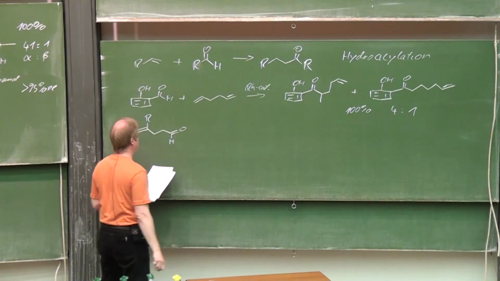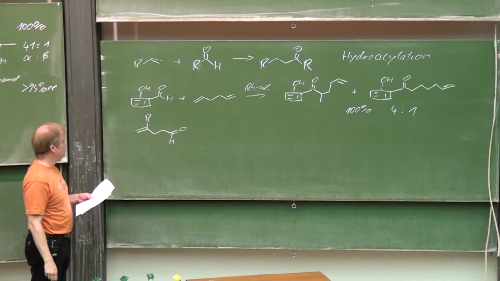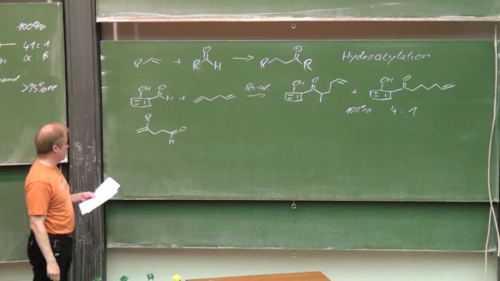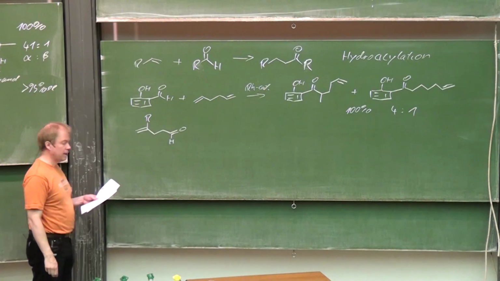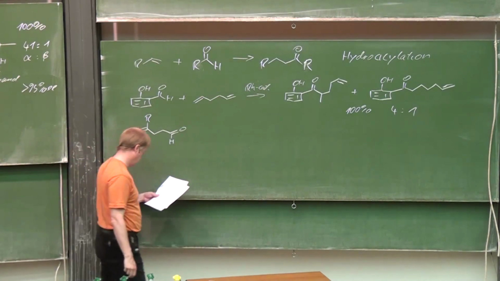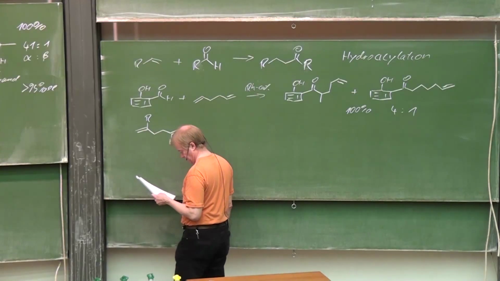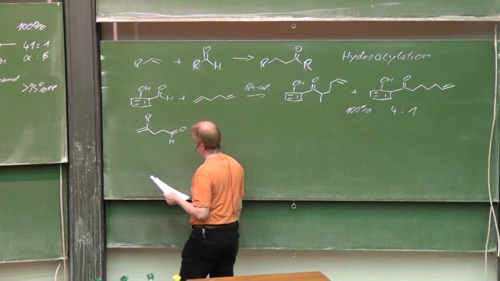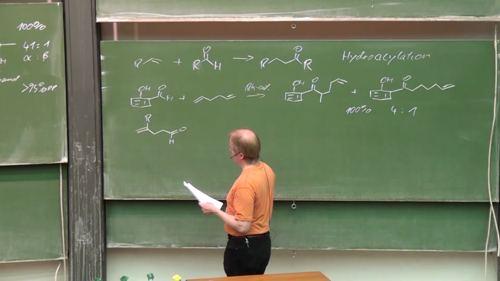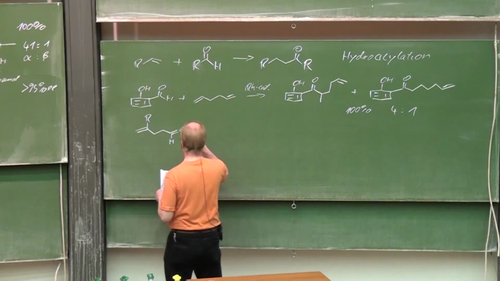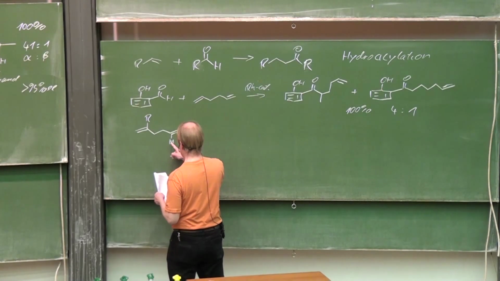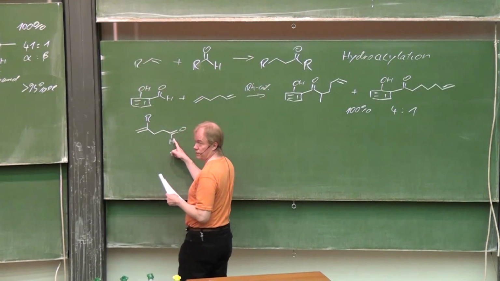Very interesting is this type of intramolecular hydroacylation as a 5-endo-trig process in principle as net result. But, well, you have, as the intermediate, the rhodium sitting at that position.